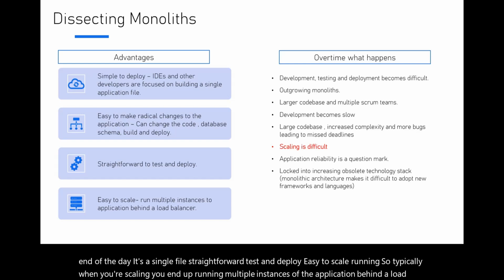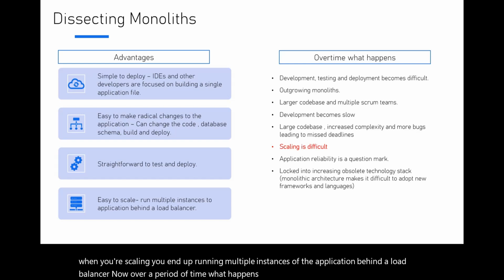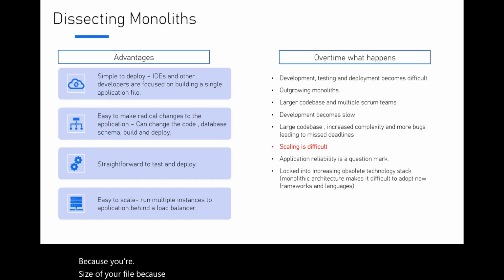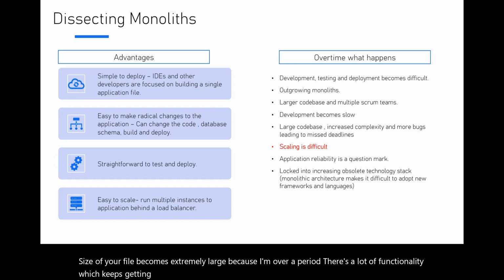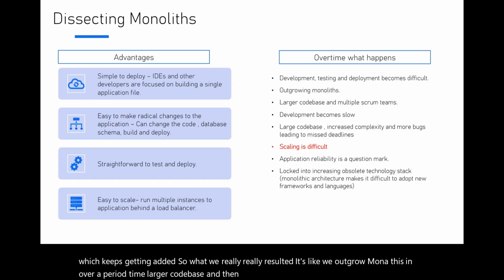Now, over a period of time, what happens? Development, testing, and deployment become very difficult because the size of your file becomes extremely large, as a lot of functionality keeps getting added. So what really results is that we outgrow monoliths over a period of time. You get a larger code base, and then multiple scrum teams.